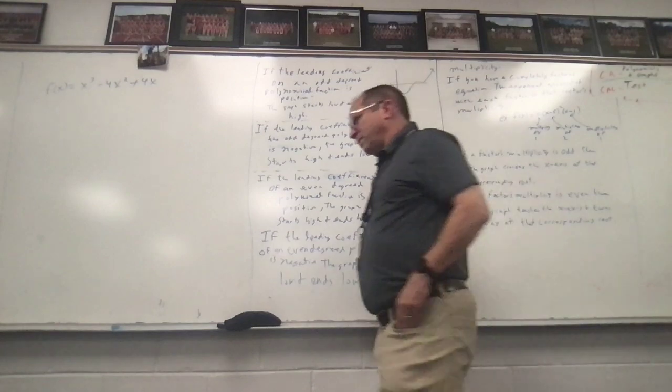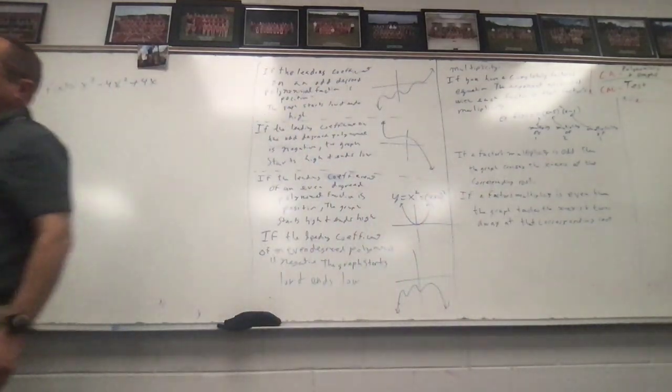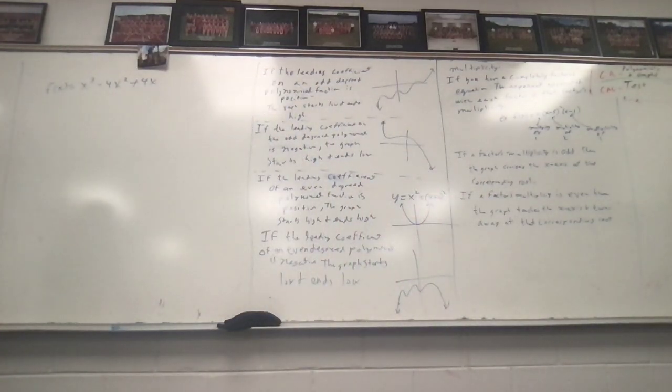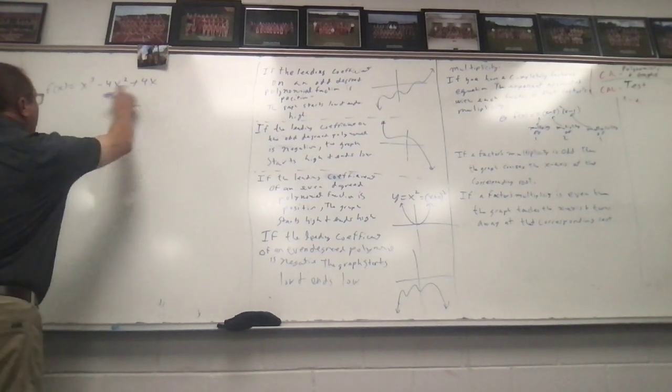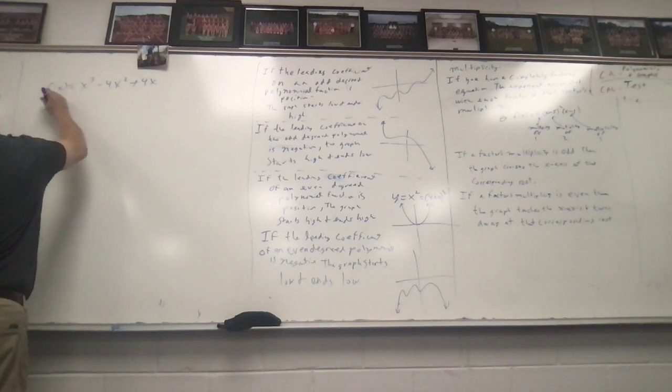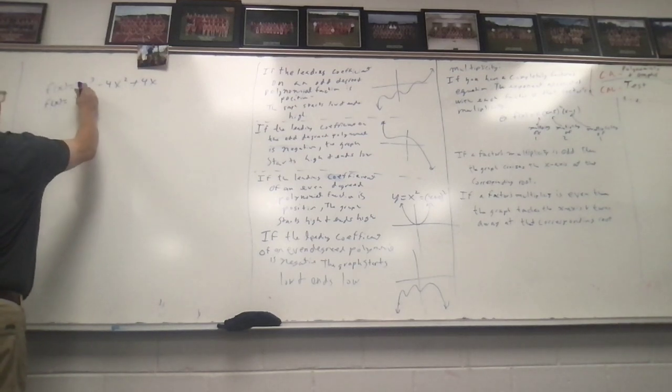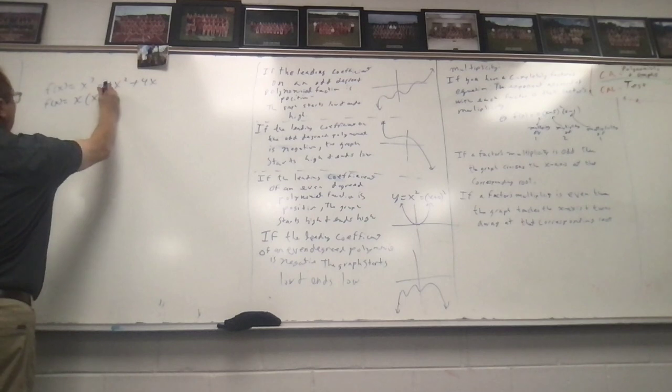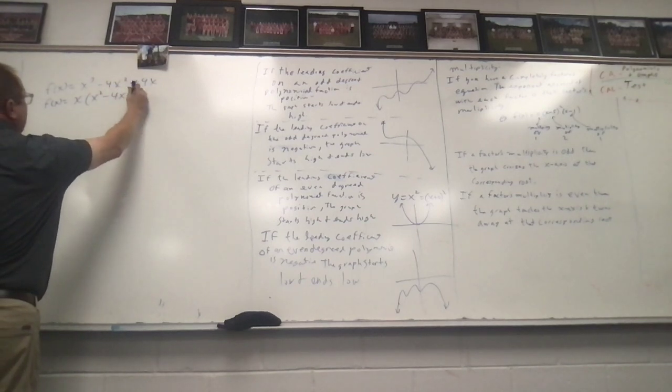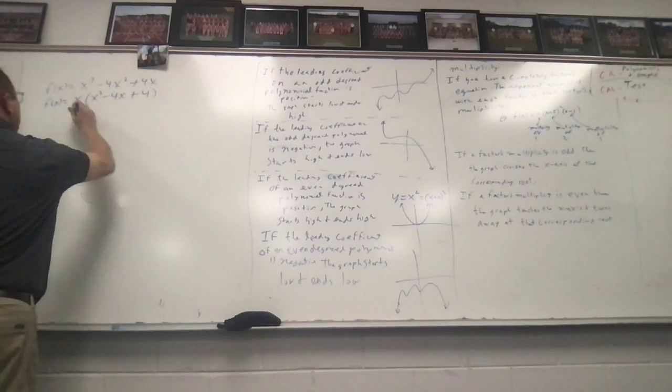What's the first thing you do anytime you factor an equation? You can take an x out. Yeah, you look for, is there a common term with everything in here? And in this case, they all have an x in common. So f of x is going to be equal to x times x squared minus 4x plus 4, right?